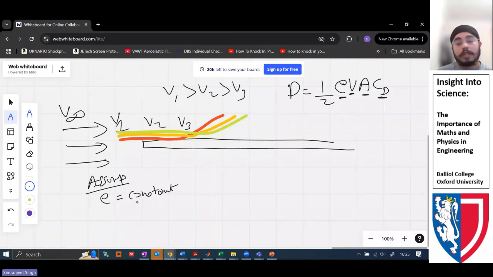For the assumption's sake, we just say that it is constant. V is varying, so V is a function of time in this case. Area we know can be constant, and that Cd, the coefficient of drag, depends on the area of cross section as well. So we'll say this is dynamic.